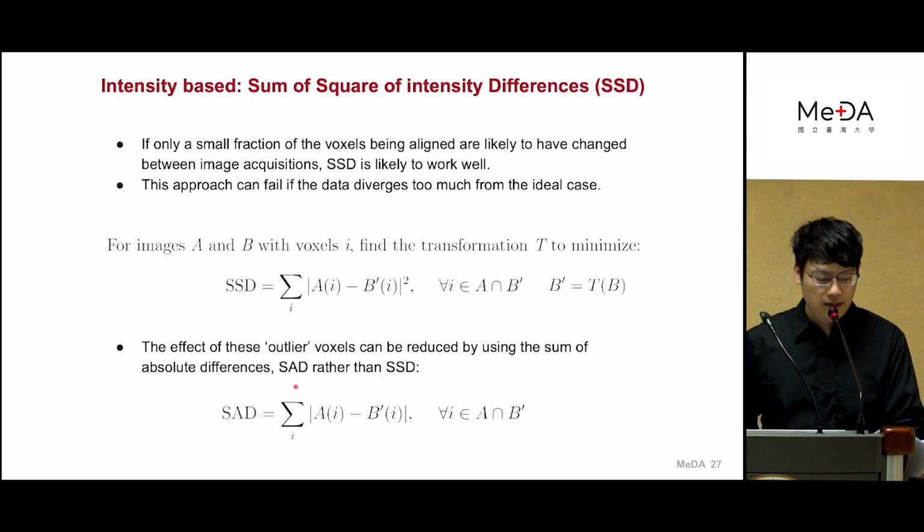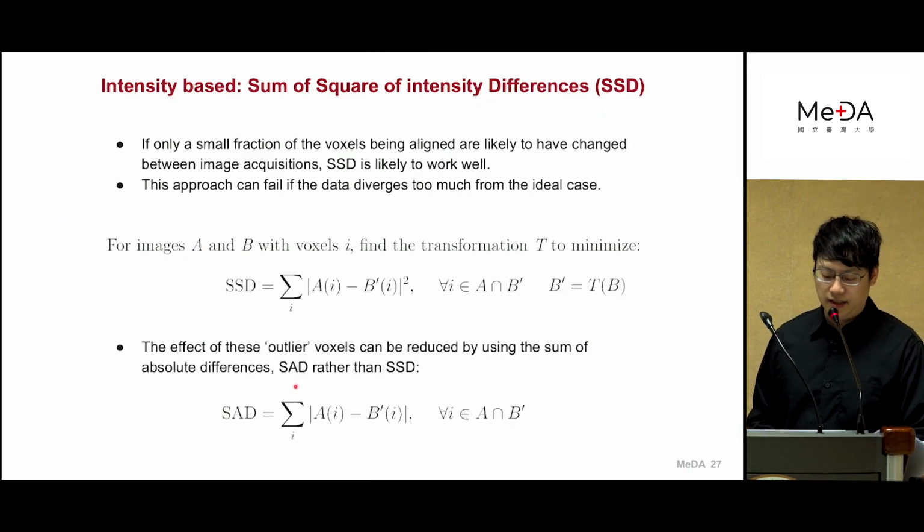Okay. For the sum of square intensity differences, we calculate the voxel-wise subtractions between image A and B, followed by the summation of the square values.